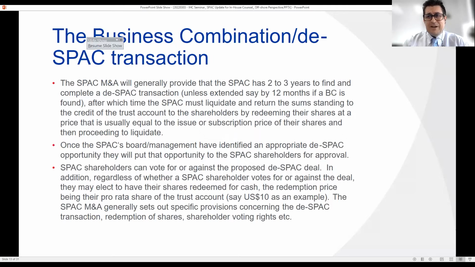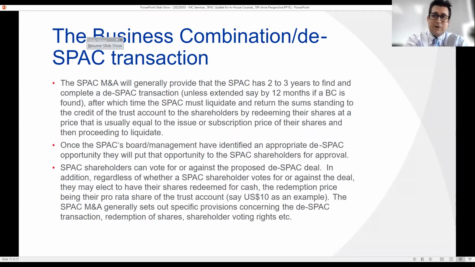You can also have shareholders who vote for a deal but still elect to redeem. The reason why that requirement was brought in was that quite a few years ago, the only way you could redeem your shares was if you voted against a SPAC deal. This was in the US context. What that meant was that we had a number of SPAC deals that were voted down. So the rules were changed in the US to allow shareholders to vote for a deal but still redeem their shares.